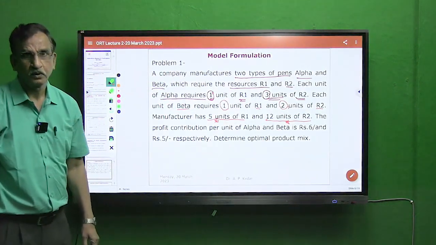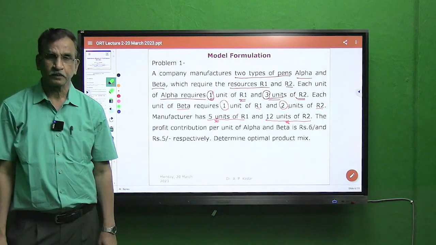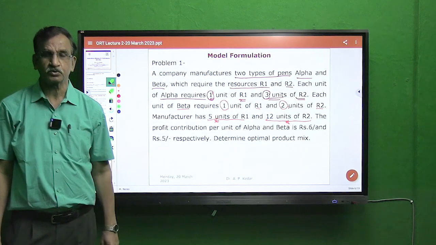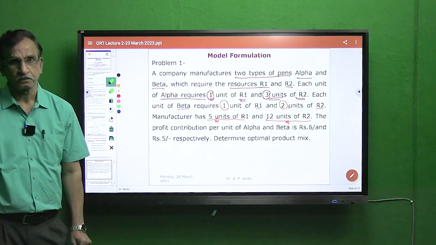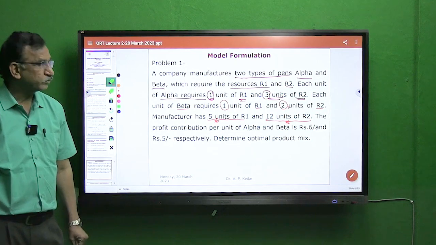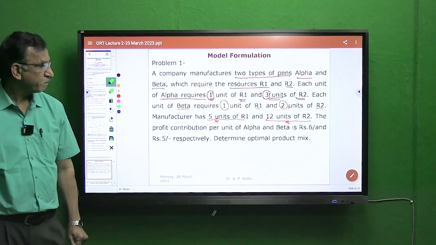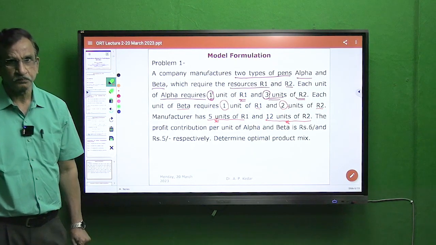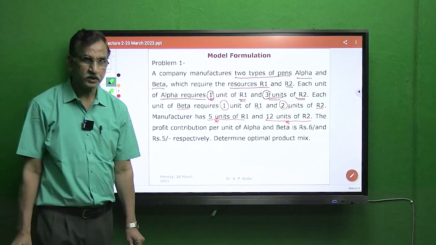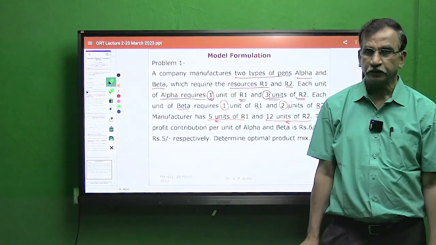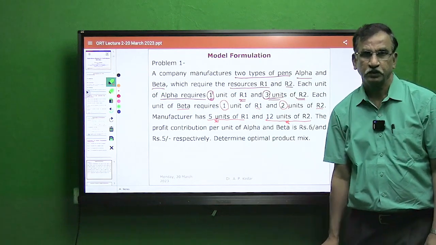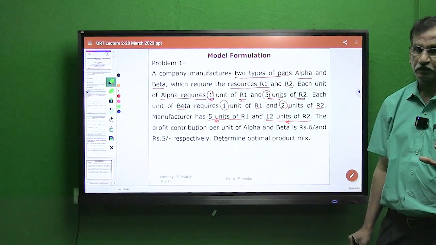Think of it. Can you tell me what this data belongs to? Just think for a few minutes. 5 units of R1, 12 units of R2. What is that? Can you answer? Think. Yes, your thinking is probably correct.